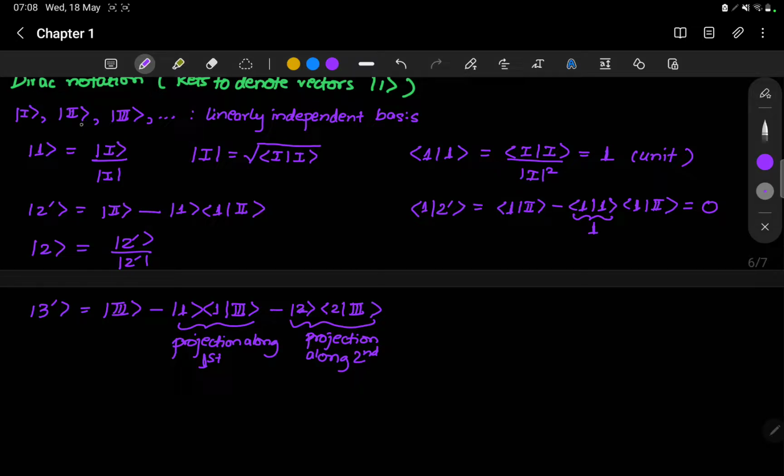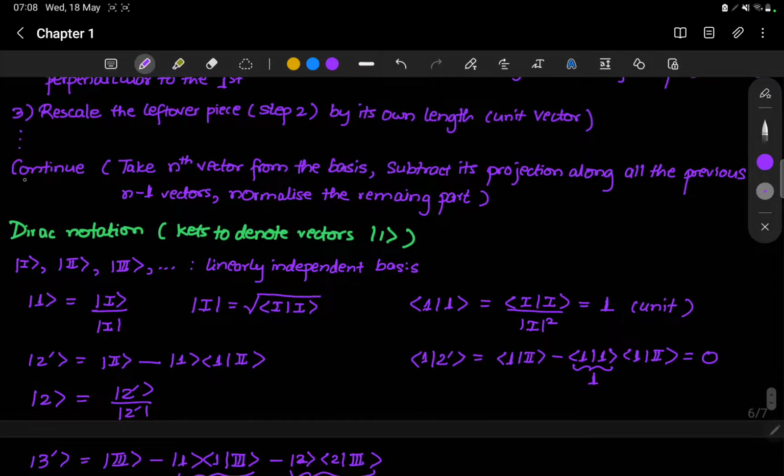The original were 1 and 2 written in the Roman style. So we are subtracting the projections along this 1 and 2, the numeric style, which we had formed by using the Gram-Schmidt process. So we need to subtract the projection along the first and the second vectors which we have formed in the orthonormal basis. So in this process, when I have written continue by subtracting the projection along the previous n minus 1 vectors, these n minus 1 vectors are the orthonormal ones which we have already formed.